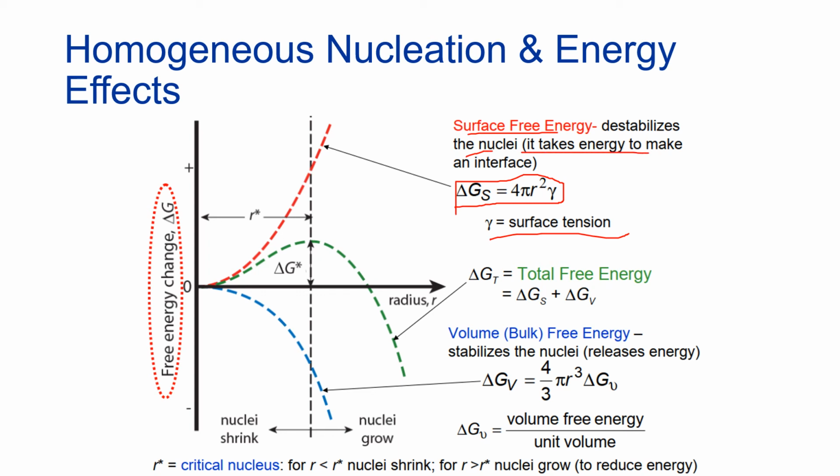It takes energy to make an interface. It increases with the square of the radius of the nucleus. Vertically, it represents the free energy ΔG. In the horizontal axis, the nucleus radius r is given.